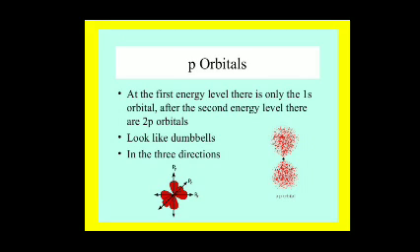These p orbitals have three orientations: px, py and pz. The n values for p orbitals are 2, 3, 4.